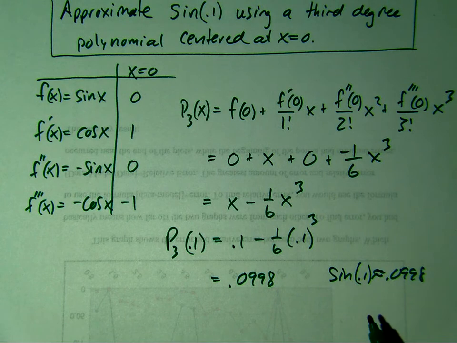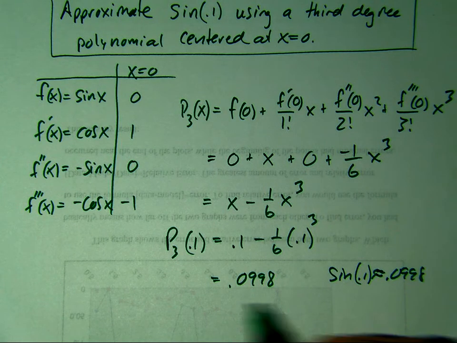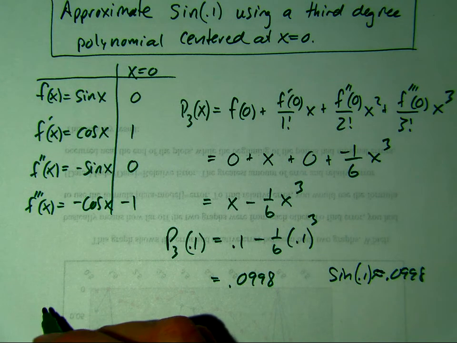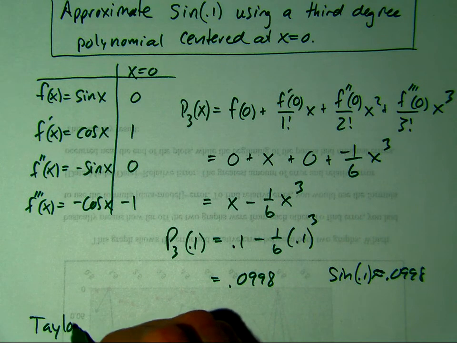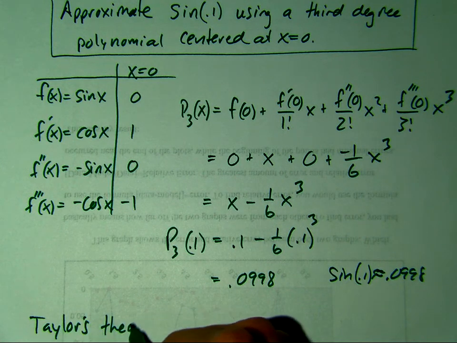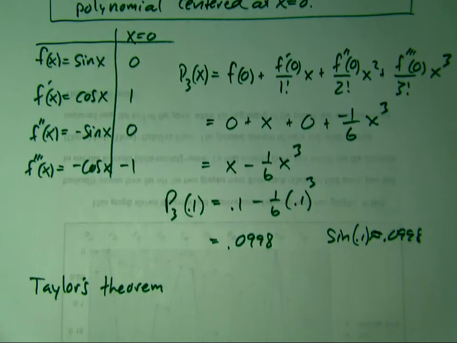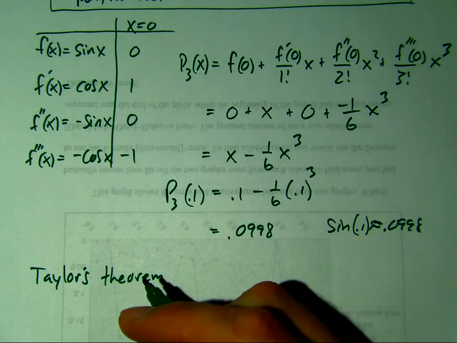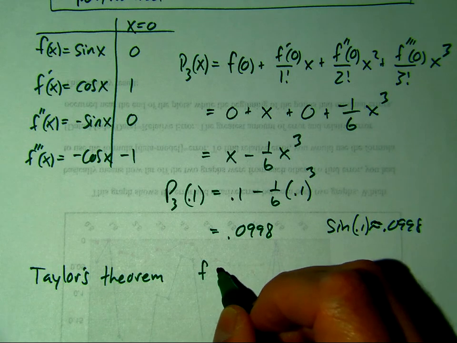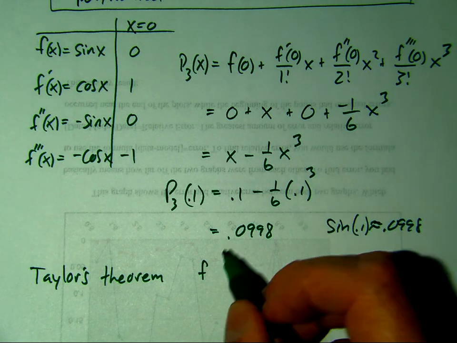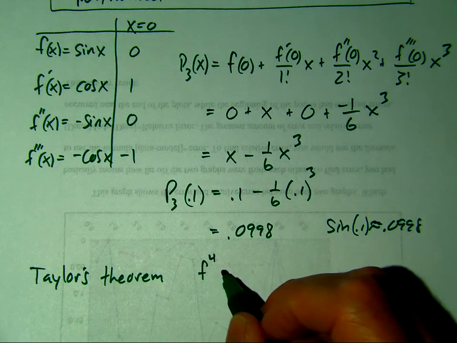And I just want to make sure we are starting to look at Taylor's theorem. Taylor's theorem can be used to find the error, and here's the formula. If we have a third degree polynomial, we would go to the fourth term.